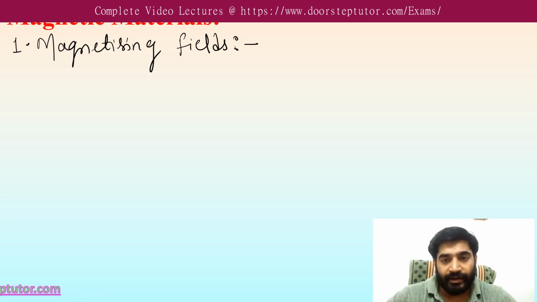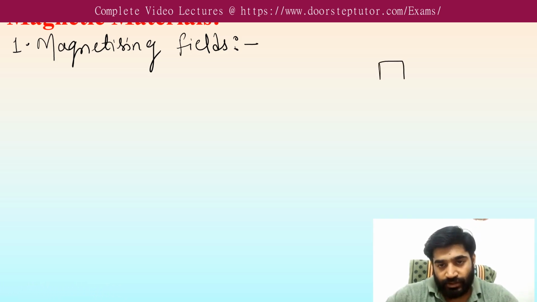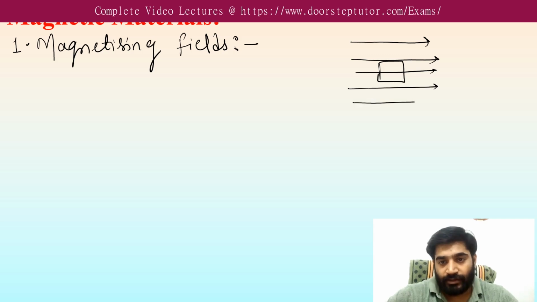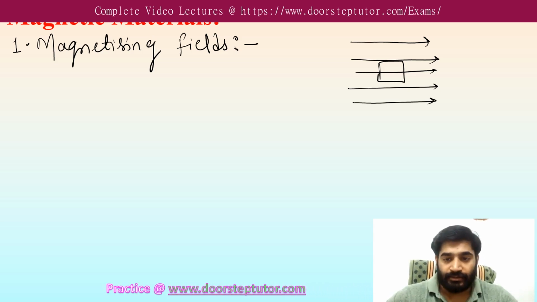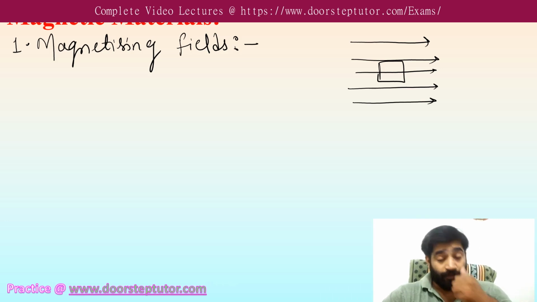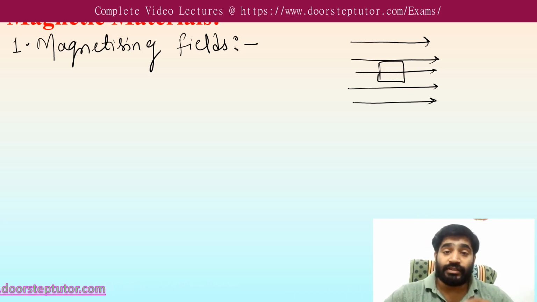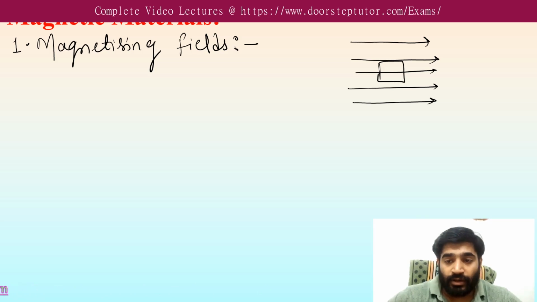Suppose this is a magnetic material placed in a magnetic field, then magnetism is induced in it. Magnetism is a property of the magnetic field that is induced inside this magnetic material. So what is the magnetizing field?